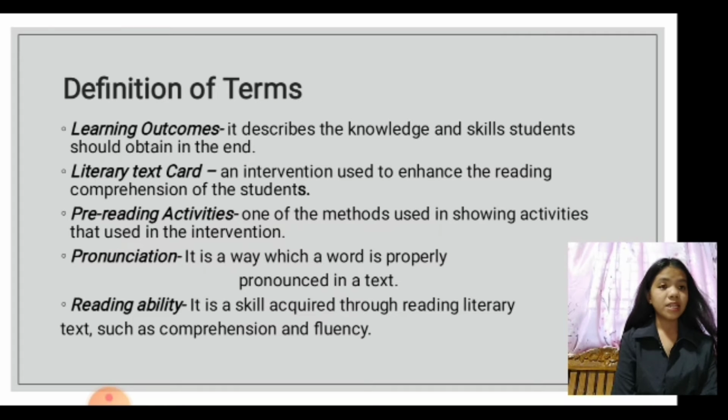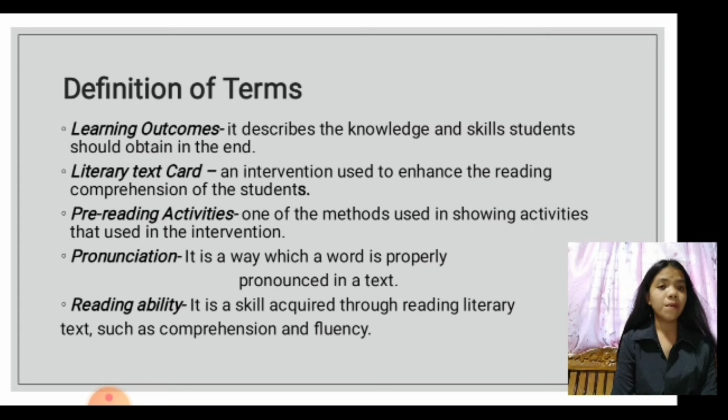The next one is the learning outcomes. It describes the knowledge and skills of students that should be obtained in the end. The literary text card. It means the intervention used to enhance the reading comprehension of the students. The pre-reading activities.